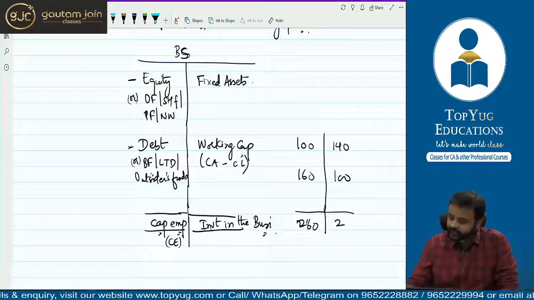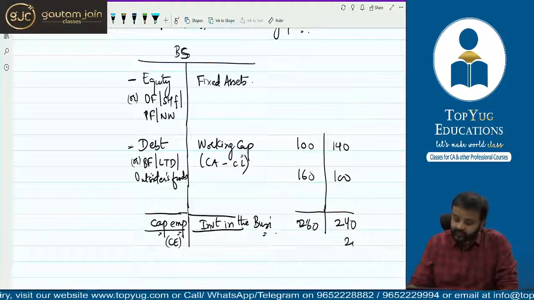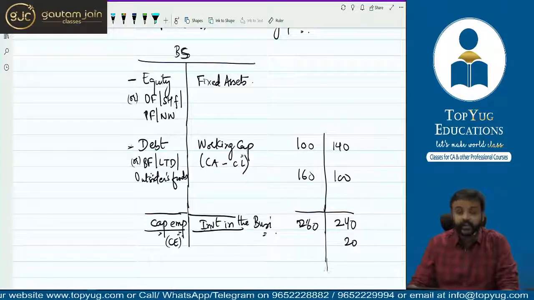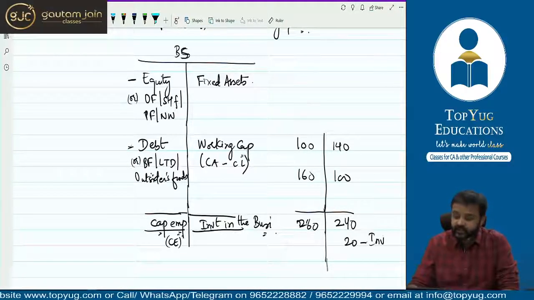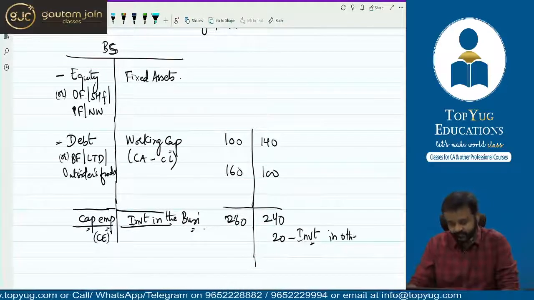In that case 240 is the total, so 20 is the excess money. This excess might be invested somewhere else, in others' business.